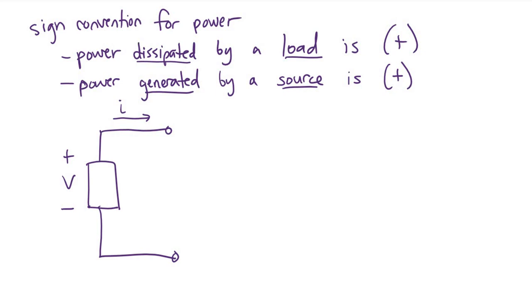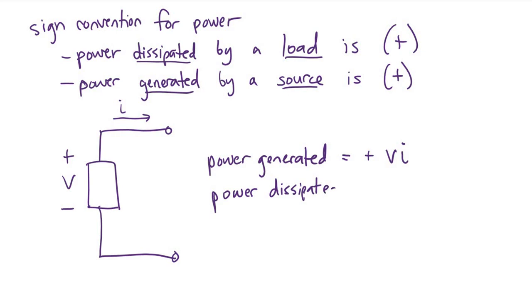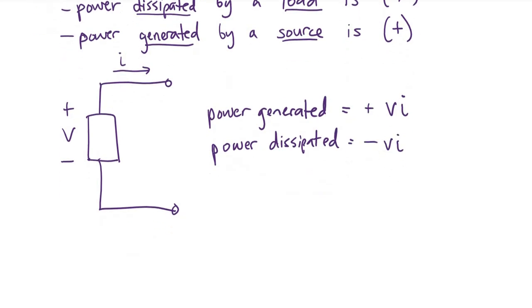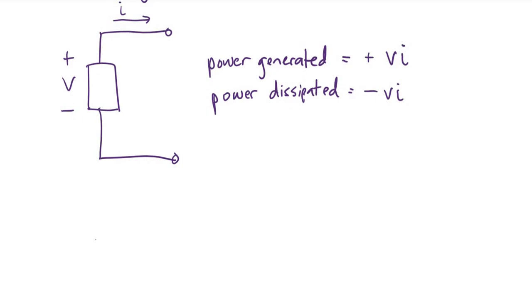If it's going from minus to plus, we would call that a source. And because our current is flowing in the direction of the source, we have positive power generated. So power generated is equal to positive VI. Power dissipated, on the other hand, is equal to minus VI.